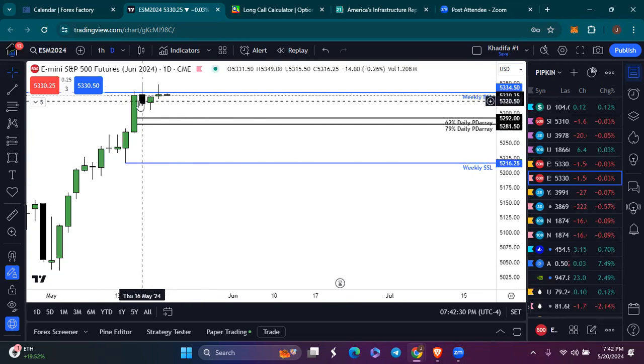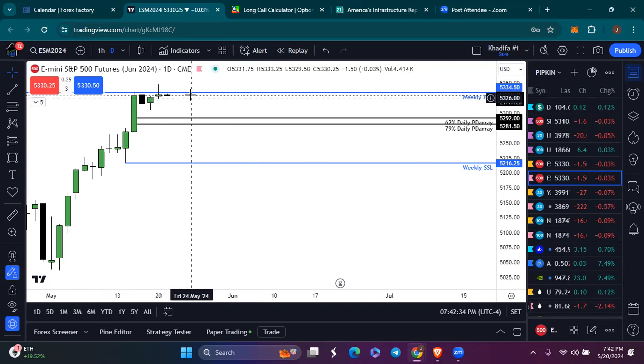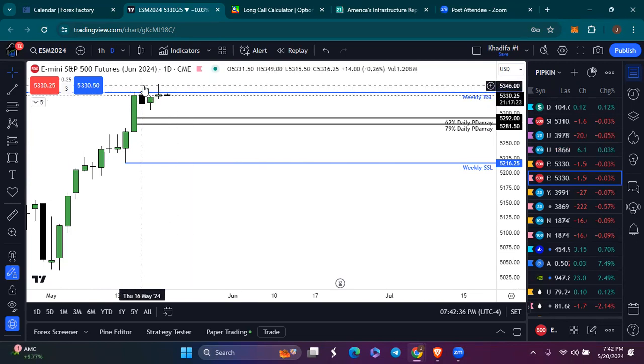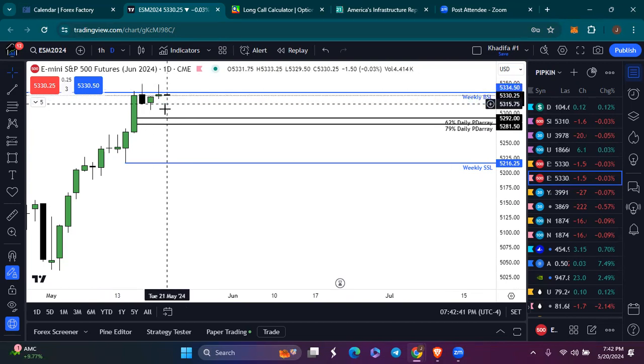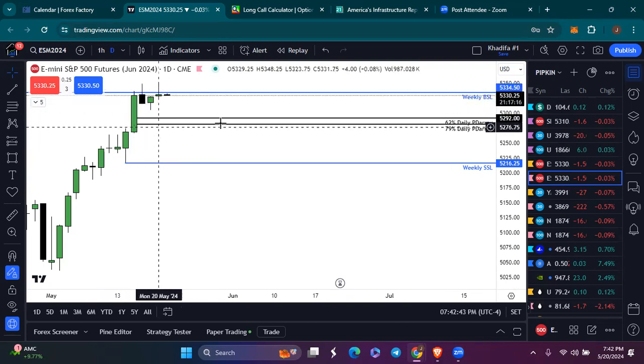And let me see, that high is 349. Yeah, 348. So we didn't quite run Thursday's high. So I still want to see ES pull back down into Wednesday's discount PD array.